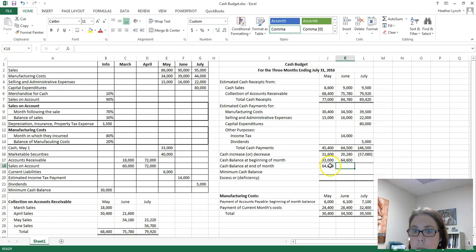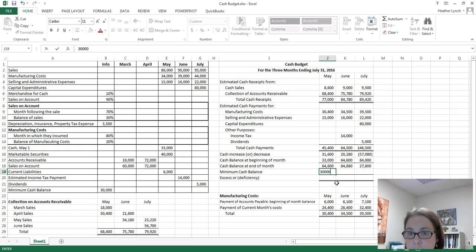Okay. Let me go ahead and add that across. So now your ending for June is your beginning for July. Then we can total that amount. They told us on here a minimum cash balance of $30,000.